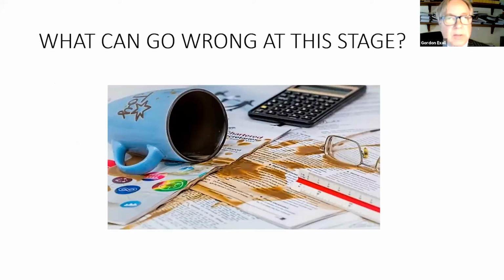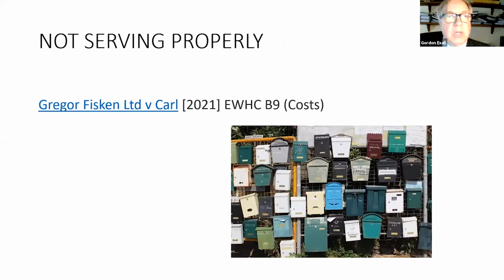Where do things go wrong? Things go wrong a lot in relation to serving the process. A remarkable number of cases of problems have arisen because of just misservice of the bill of costs, of the originating process.